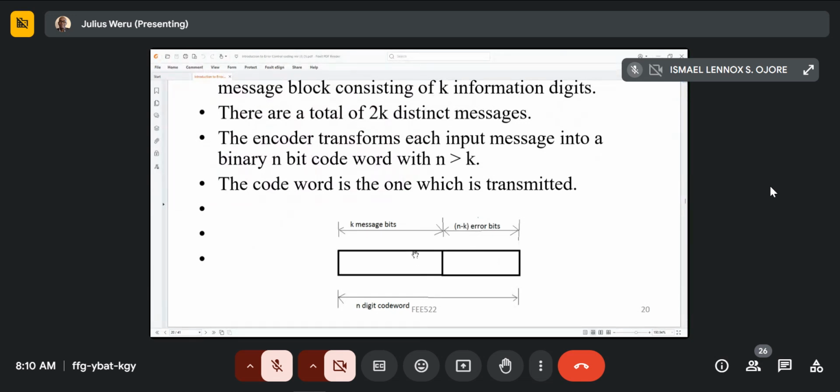They are not intermixed, because you can use a generator matrix such that they are mixed, that you can have some error checking bits inside the first part of the n digit code word.